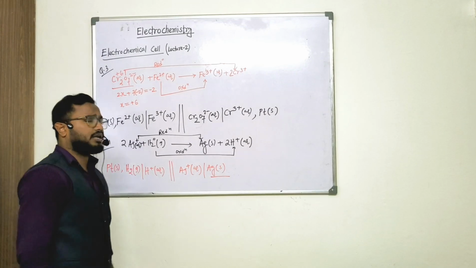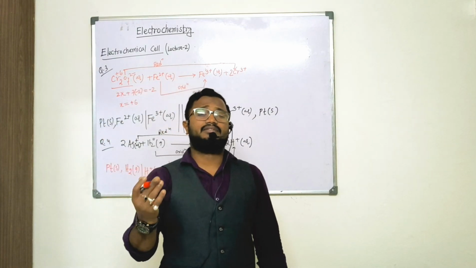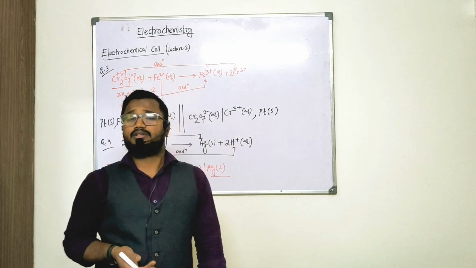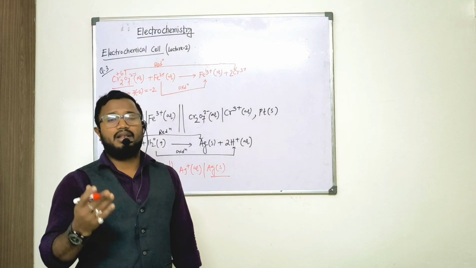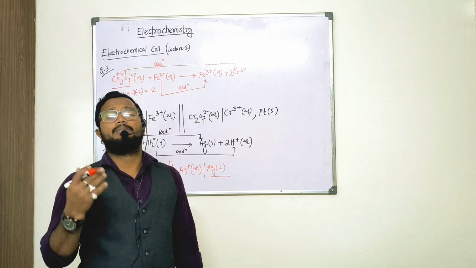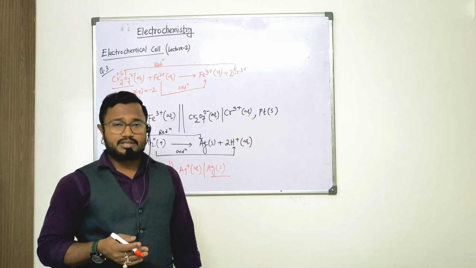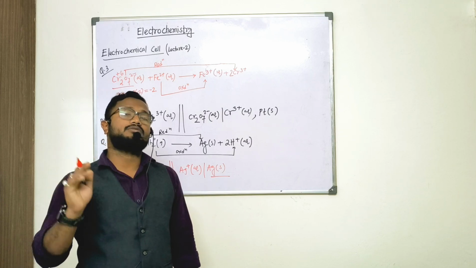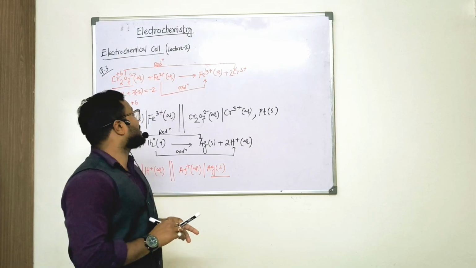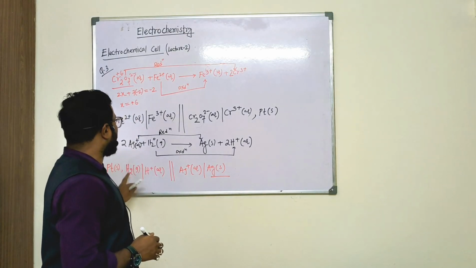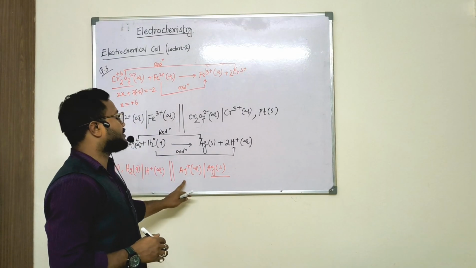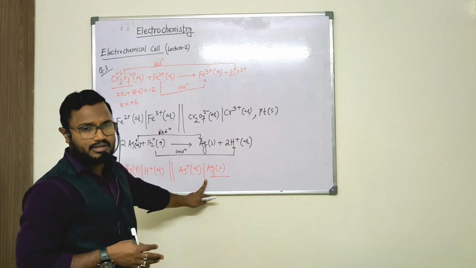Let us consider that a question is given where they have asked you to find K for the reaction, meaning the equilibrium constant for the reaction. In that format, how can you solve the reactions? Is it mandatory that we always write oxidation on this side and reduction on this side? It is not mandatory at all.